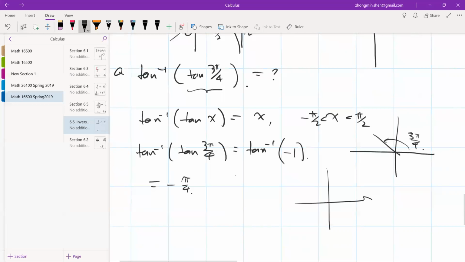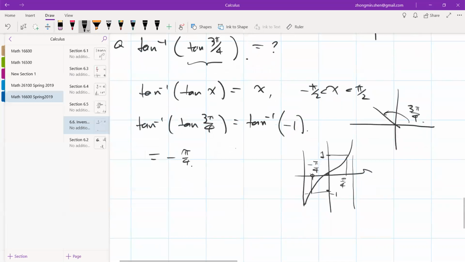Well, if you don't remember the graph for arctangent, the value here is -1, so the corresponding angle must be negative. For the positive value, you get a positive pi over 4, right? So tangent of pi over 4 is 1, and tangent of negative pi over 4 is -1. That's the reason arctangent of -1 is negative pi over 4.